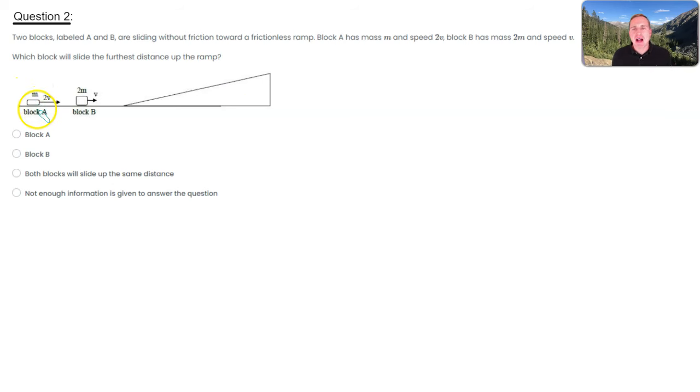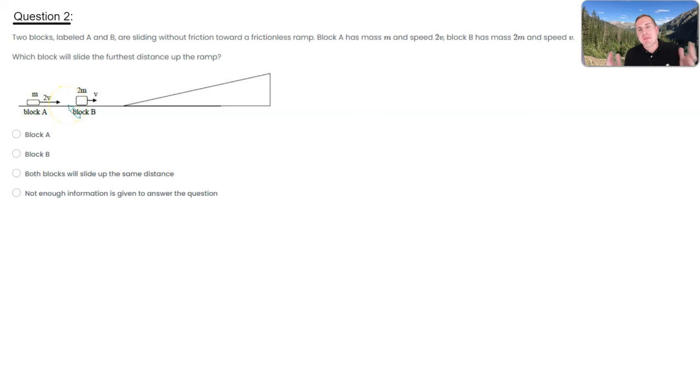Both of these blocks have the same momentum. Hopefully you can realize that, linear momentum. Block A would be 2mv. Block B would also be 2mv because they have a 2 and then an mv when we multiply, so they have the same momentum. But do they have the same kinetic energy? And the answer is they do not.